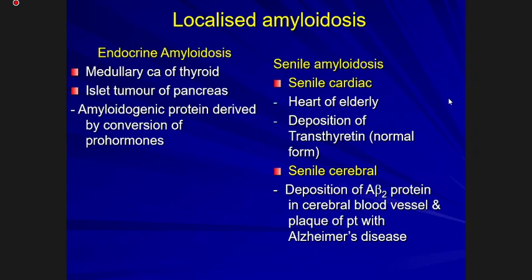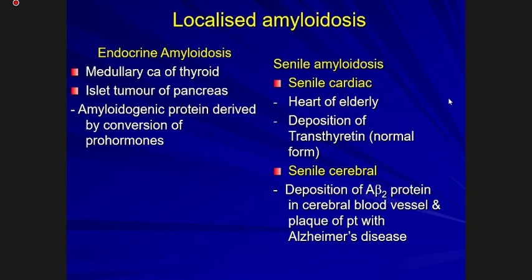Some books refer to it as senile cardiac amyloidosis. The protein involved is transthyretin, which is an accumulation of the normal form, as opposed to the mutant form in the hereditary polyneuropathy, remember?